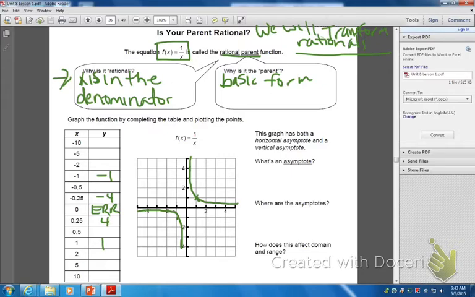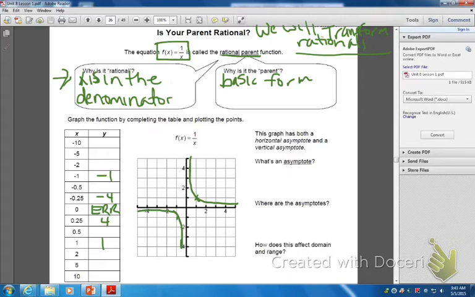Okay. And we ended up with those hyperbolas, didn't we? Just like when we did our inverse relation, okay? Because that is that parent. So we get those hyperbolas, we get that swing because of this error, right? Because where does x equal 0 on the coordinate plane?